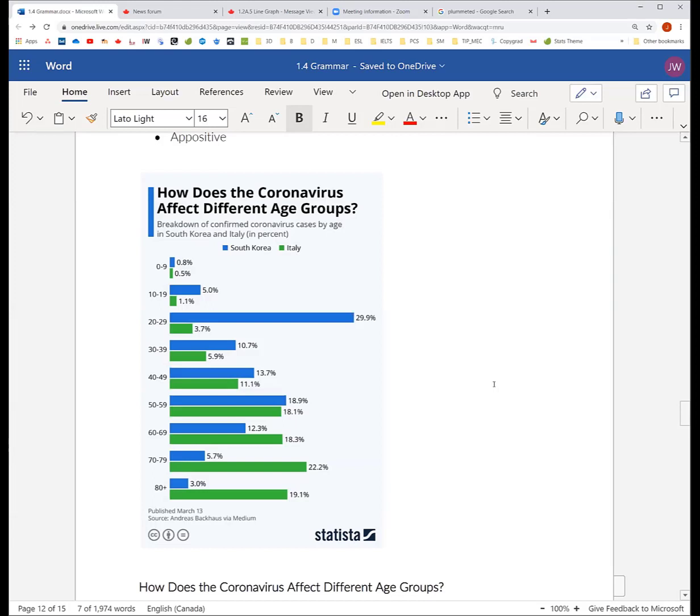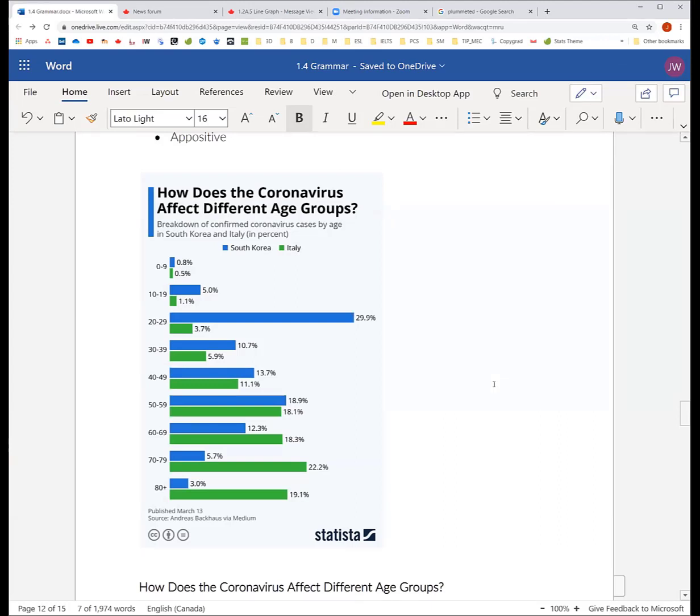Okay, generally speaking, the number of cases in South Korea between 10 and 19 years old reached 5%. We're just looking for the general overview, so that's too much detail for that.